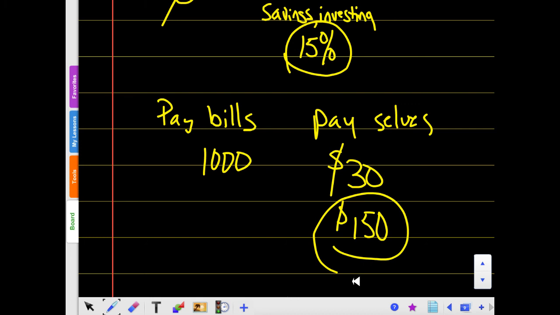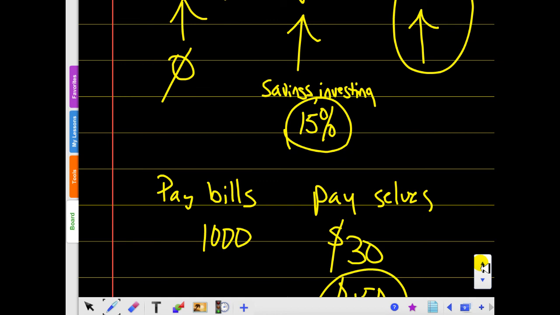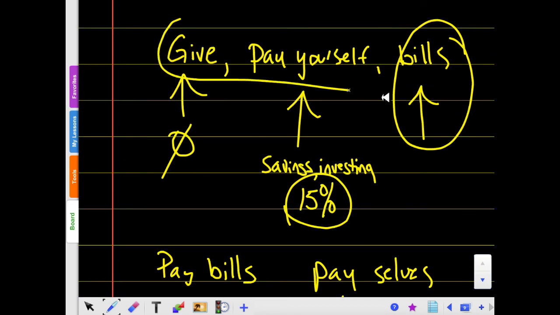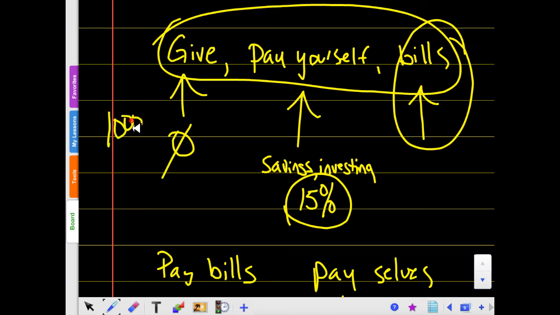You would never short yourself if this up here was your order of priority. You're always going to have $150 in this example if we're making $1,000. That's why. So again, you can argue all you want about give, but don't mess up the pay yourself and the bills first. Now this doesn't mean pay yourself $1,000 and leave zero for bills. That's not what we're talking about. We're just making sure that we have 15% always going towards our investing and our savings.